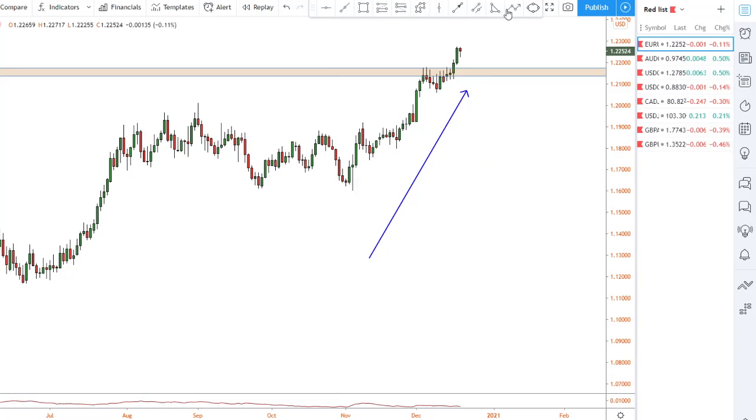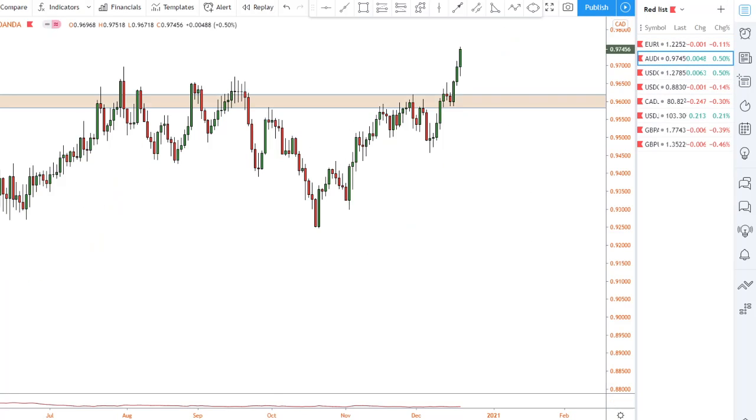So if price comes to this level and then gives us a nice buying opportunity, we are going to buy. That's the only thing that we are going to do: look for buying opportunities as it is in an uptrend, and when price reaches our zone of interest and gives us a nice buying reason, then we're going to take the buy entry. We're not going to sell.